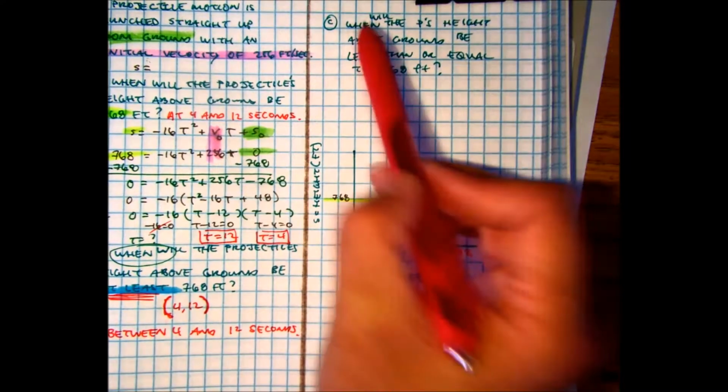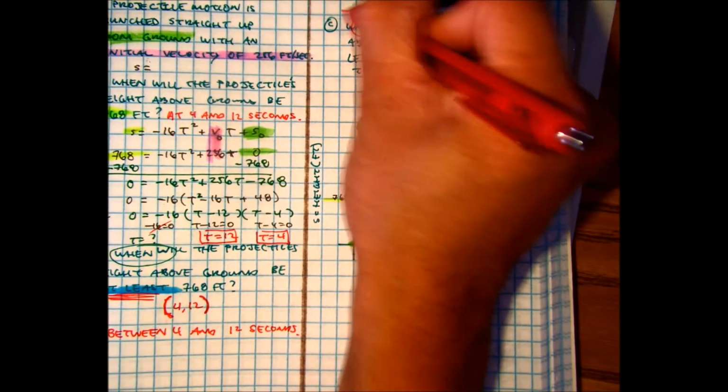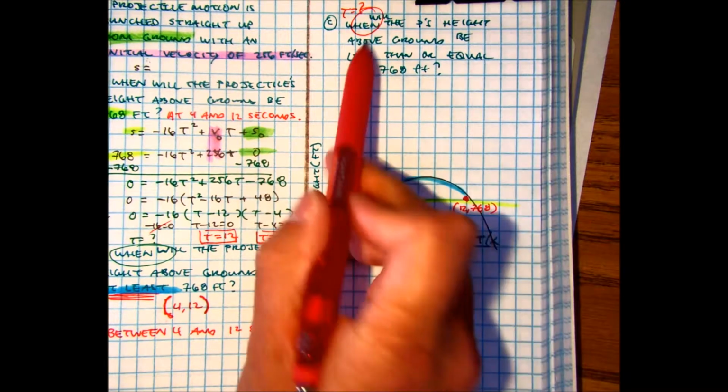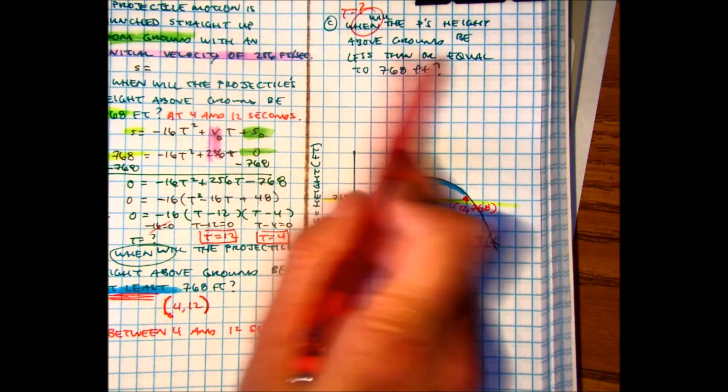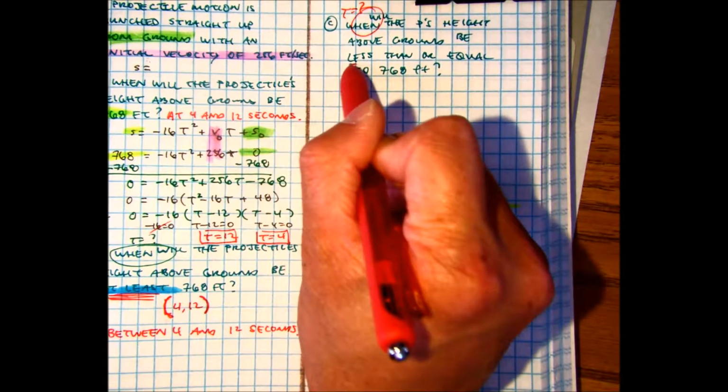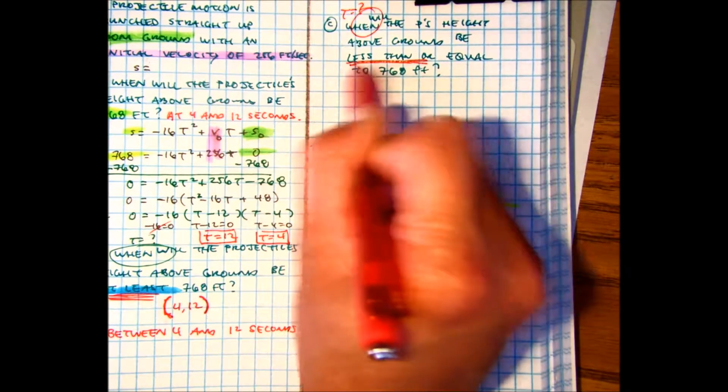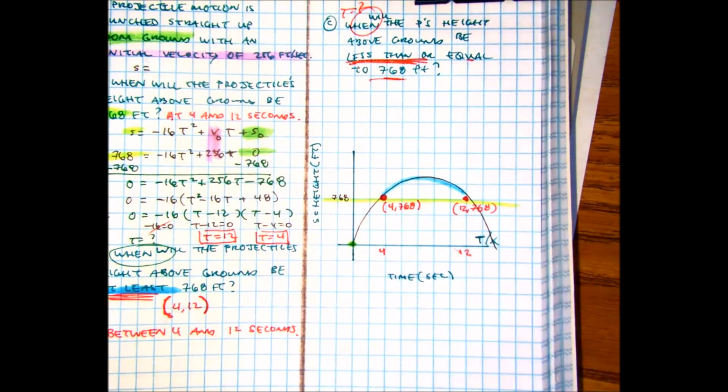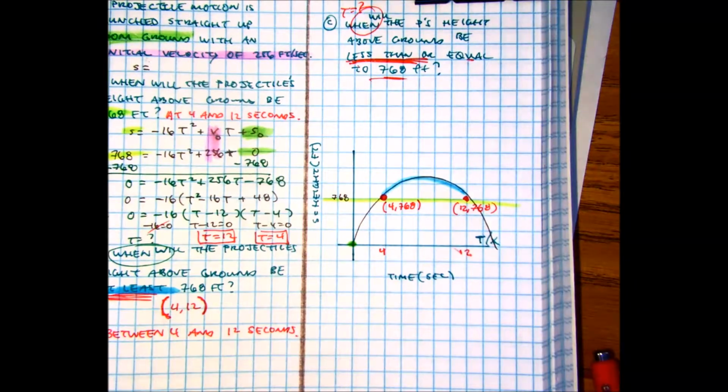Question C. When will, that's a t value, right? When will the projectile's height above ground be less than, smaller than, or equal to 768? In that case, let's use pink.